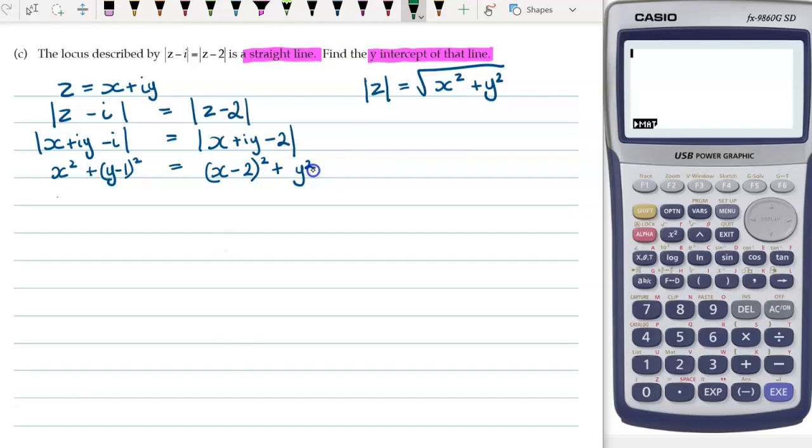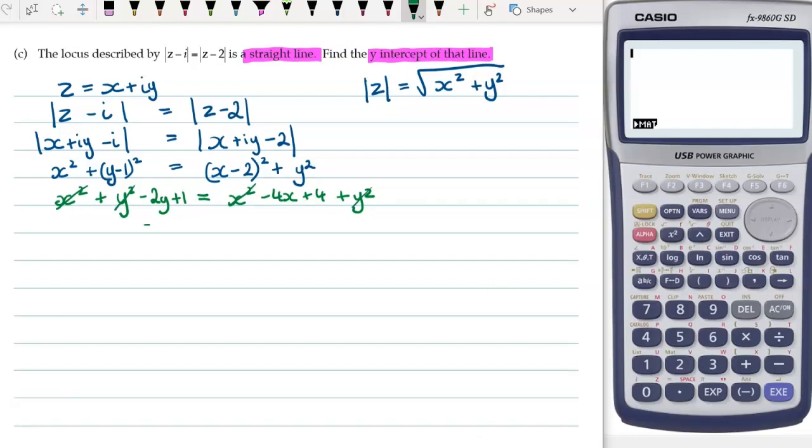Okay, so these are the next steps of working now. We've got y squared minus 2y plus 1. And then expanding this bracket, we've got x squared minus 4x plus 4. So that x squared cancels with that one. The y squareds cancel.